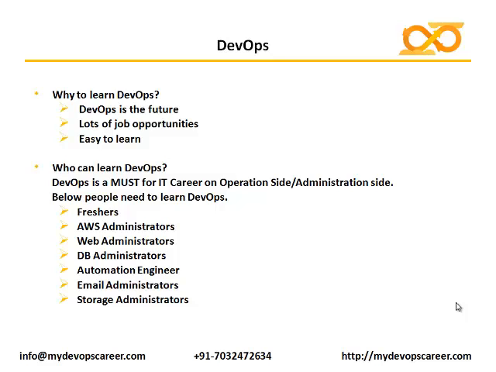Now who can learn DevOps? DevOps is a must for an IT career, and every operations person needs this knowledge. Any freshers who want to jump into an IT career, AWS administrators, web administrators, DB administrators, automation engineers, and lots of people can learn DevOps. In one course, we have a lot of things to work with and learn.